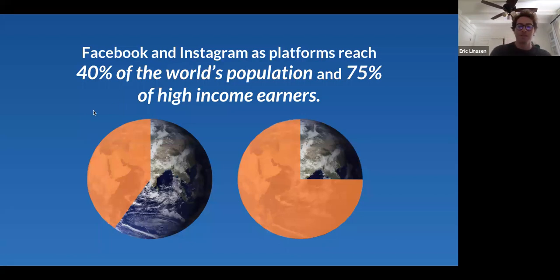Just jumping in, Facebook and Instagram as platforms reach 40% of the world's population and 75% of high-income earners, which, if we stop for a second, is really crazy to think about, because you can't really find another platform that reaches that level of scale, that many people, with the level of customization that it has.